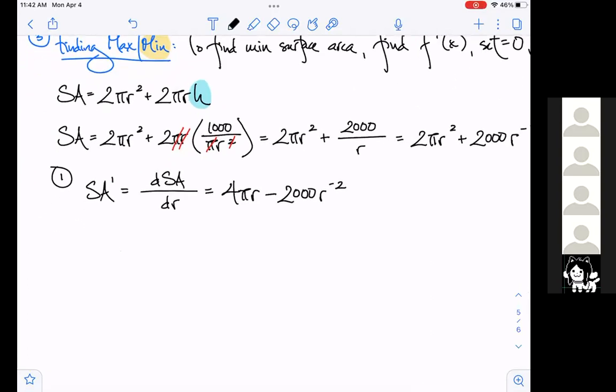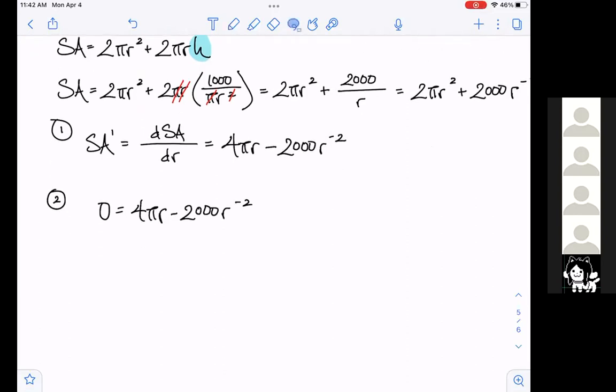All right, now I want to set this equal to 0. So I'm going to get 0 equals 4 pi r minus 2000 r to the minus 2. And again, here's another place where rewriting can help you work through the problem, right? A lot of times, if we're plugging in numbers for r, it's easier if we don't have that negative exponent.